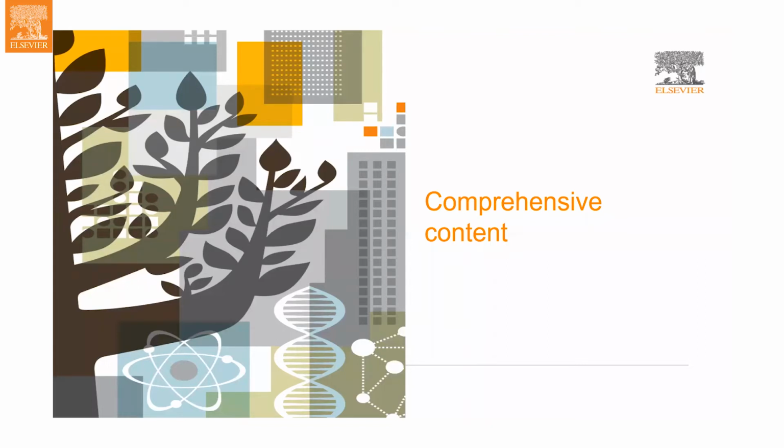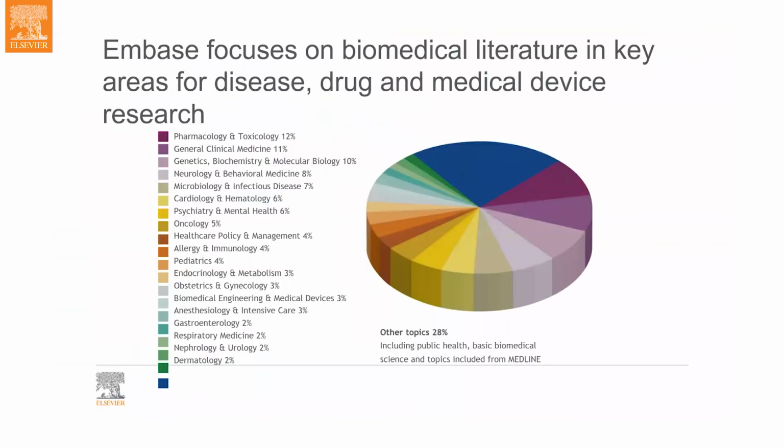Okay, we will continue talking about Embase. I will tell a couple of words about the comprehensive content of Embase. Embase includes biomedical information extracted from the literature in key areas for disease, drug, and medical device research.